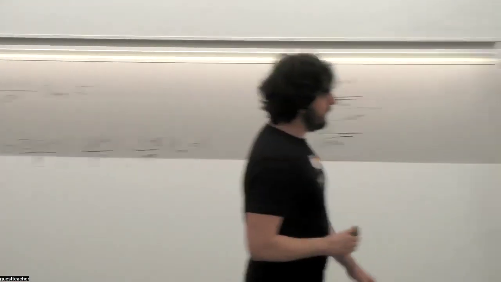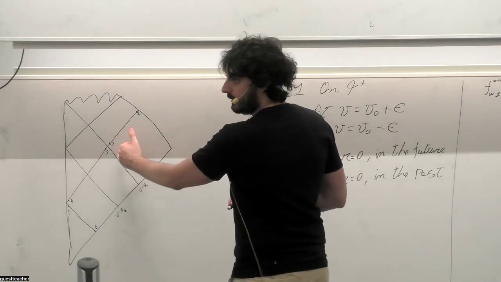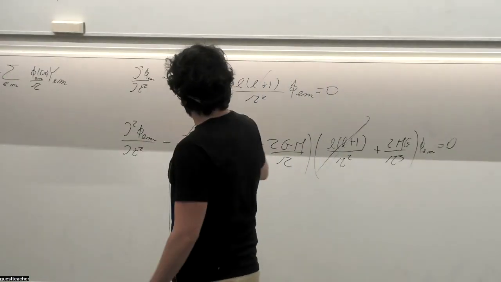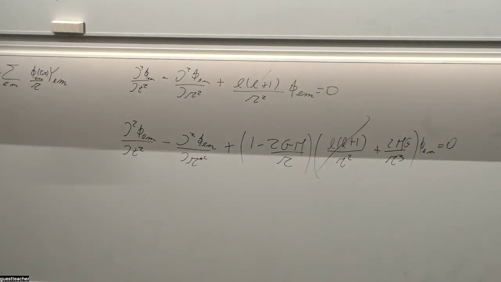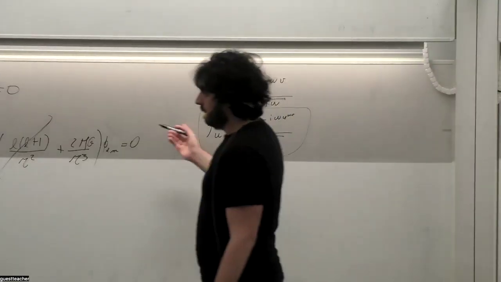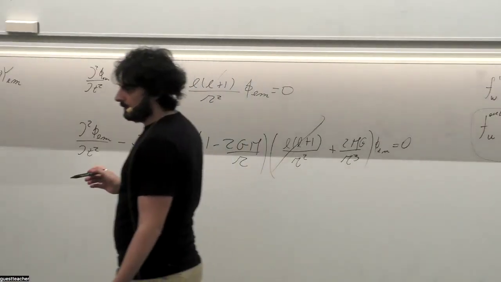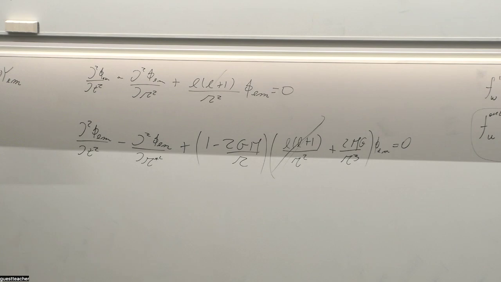No, points 1 and 2 are very far away. But you see, this is a free wave equation. So if you just consider the time evolution of e to the i omega u, this is just e to the i omega u everywhere. This is just a plane wave propagating freely because we forget the potential.